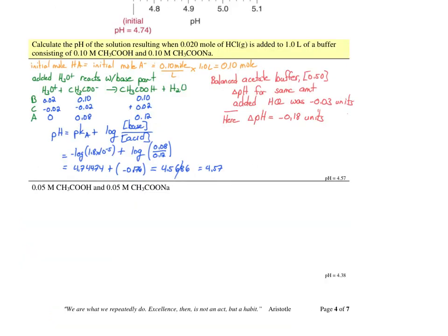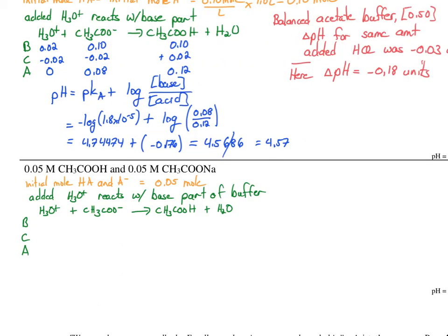Now we'll take it one step further, and that we have even lower concentrations of the weak acid and its conjugate base, and we're going to expect that the delta pH of adding 0.02 moles of our strong acid is going to be even larger than it was for this case. We go through the calculation the same way. We calculate the initial moles of our weak acid and its conjugate base, because we're going to use these values to plug into Henderson-Hasselbalch.